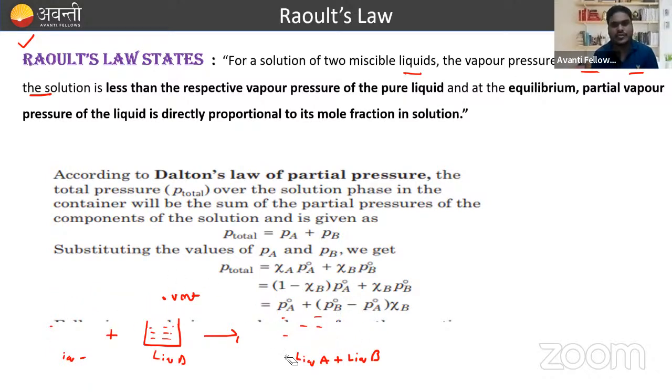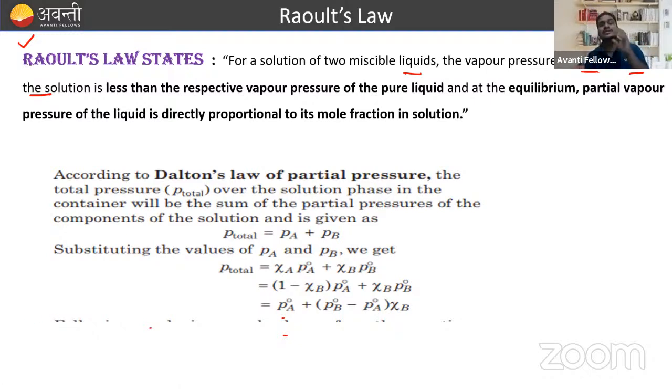Okay. So we know that according to Dalton's law, that I studied in our 11th class, right? According to Dalton's law of partial pressure, the total pressure over the solution phase in the container will be the sum of the partial pressures of the components of the solution. For example, if you want to calculate, P total is nothing but equal to PA plus PB.